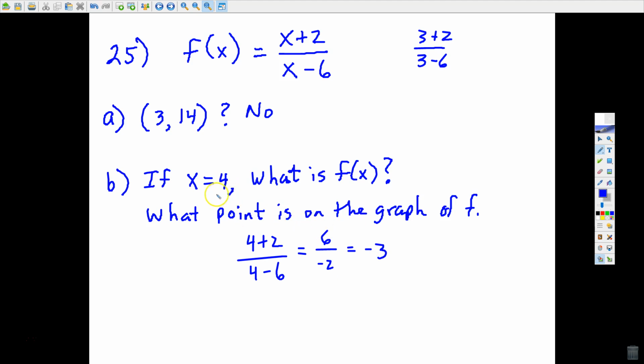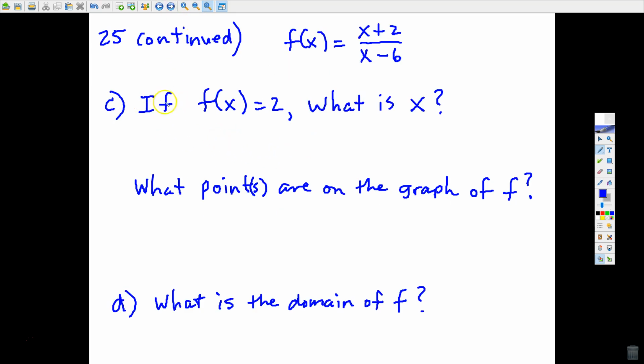So what they're really trying to get at here is, do you understand this idea of x being an input and the result being an output, and together they make an ordered pair, or they're using the word point. So the point 4, negative 3 is a point on this graph. So if x is 4, use it as an input, and then the output will give you the complete ordered pair on this particular graph.